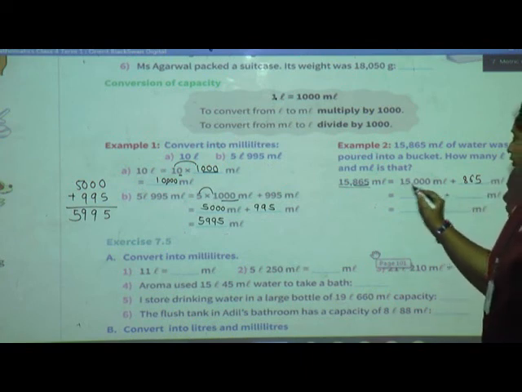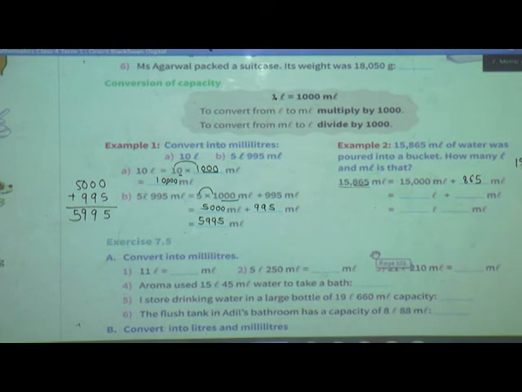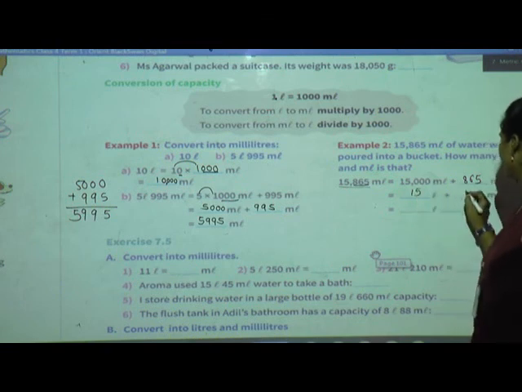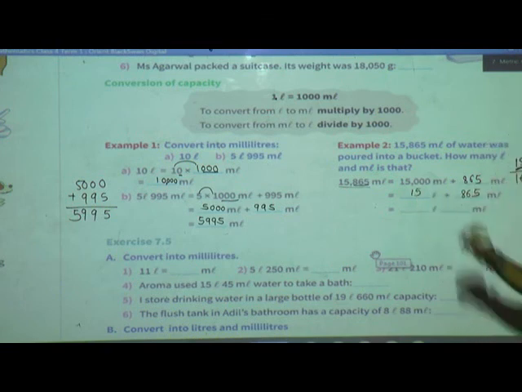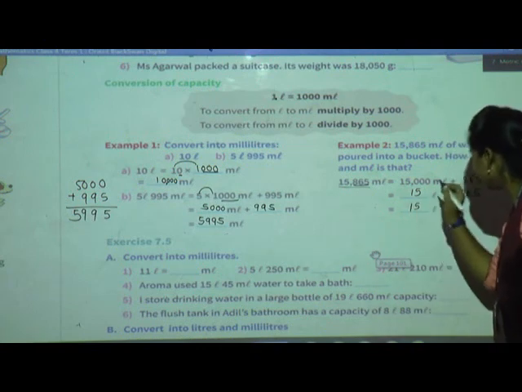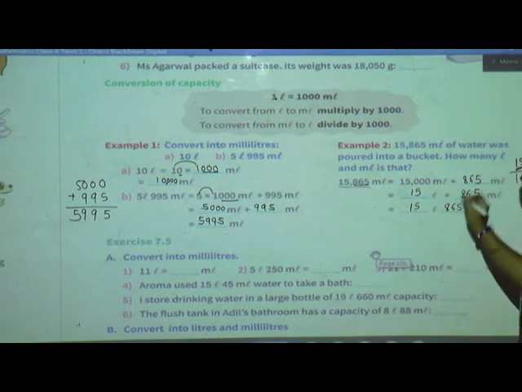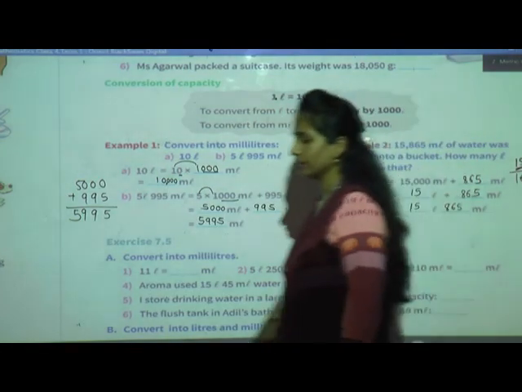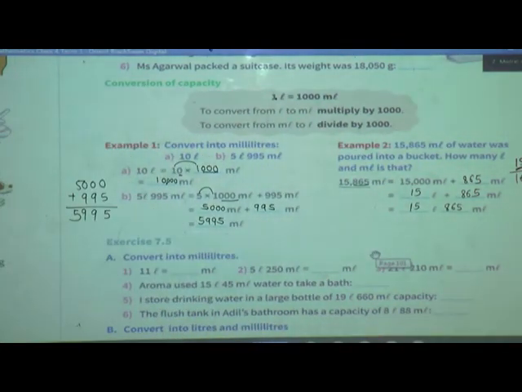Now to convert 15,000 into liter, we have to divide by 1000. Cross 3 zeros, 3 zeros. What is remaining? 15. So write here 15 and here 865 milliliter as it is. So the answer is 15 liter 865 milliliter poured into a bucket. Clear? Understood? Yes, very good.